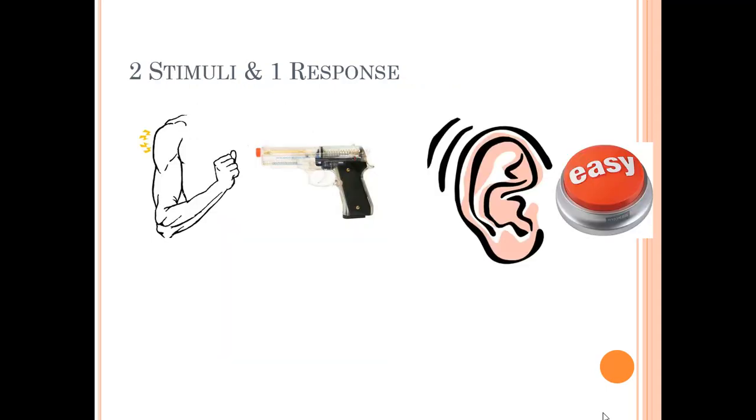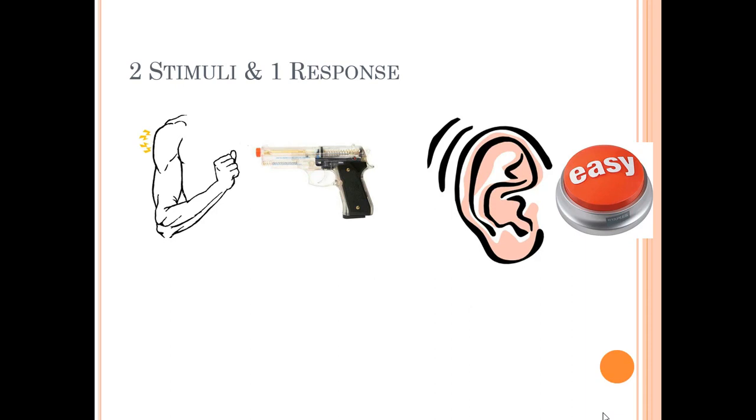Okay, so what you will have noticed is that Dave uses two stimuli as well, the airsoft gun and a button that says "that was easy." Both of these are our stimuli. Why? Because you can feel one of them and you can hear the other.